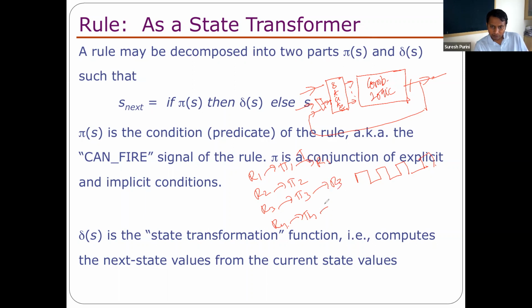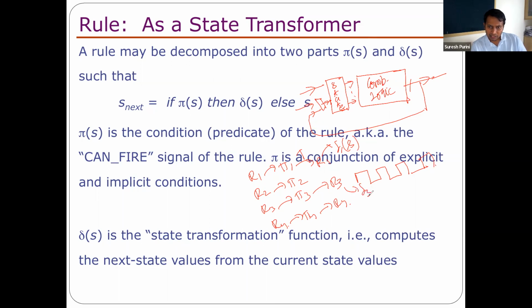R3 might be true and R4 might be true. Remember, all these rules can potentially impact the state of your system. The state transformation function for rule R1, where S is the current state, let's call delta 1.